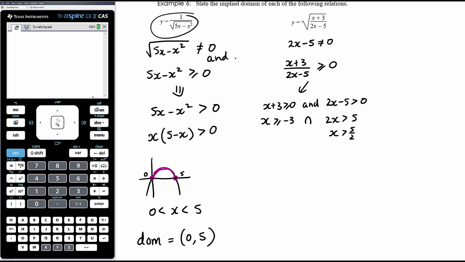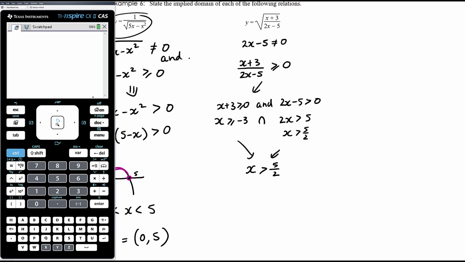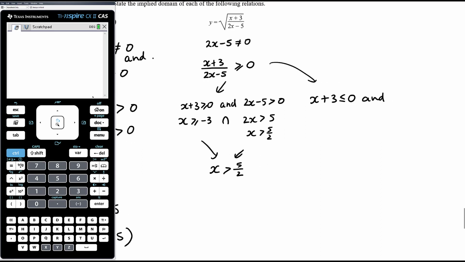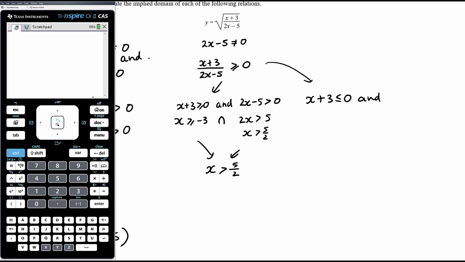So the intersection of those things is x has to be bigger than 5 on 2. The other way that the fraction could be bigger than or equal to 0 is if both the numerator and denominator are negative. Now, if the numerator can equal 0, that's fine, that would make it equal 0. So if the numerator is less than or equal to 0, and if the denominator is also less than 0, then a negative divided by a negative is still a positive, and the fraction will still be positive.